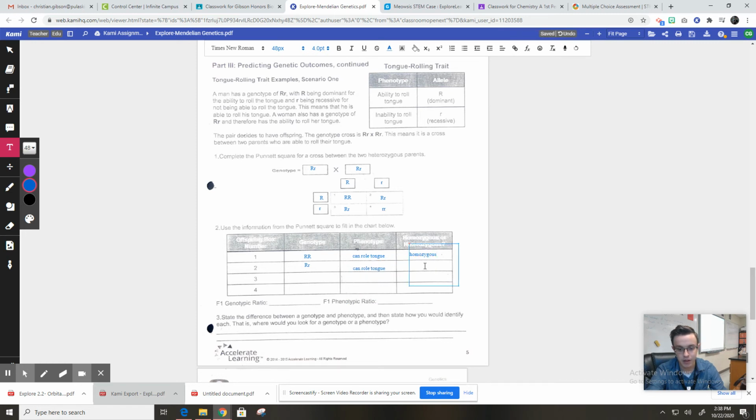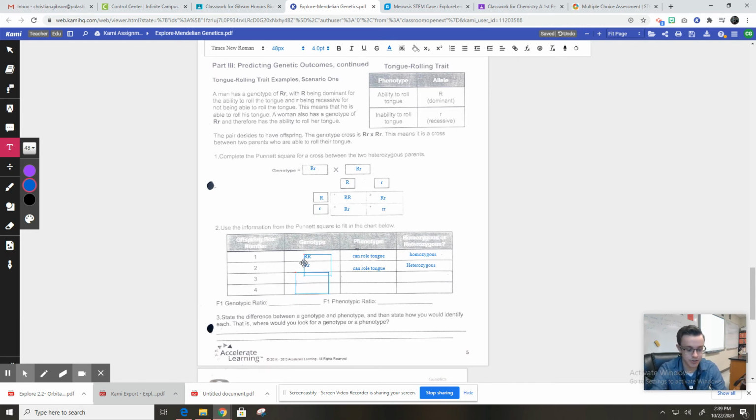And over here, are they heterozygous or homozygous? Well, you've got two different letters. Hetero means different. You've got a capital and a lowercase here, so they are heterozygous. Boom, there we go. Now for offspring 3, it's going to be the same as offspring 2.